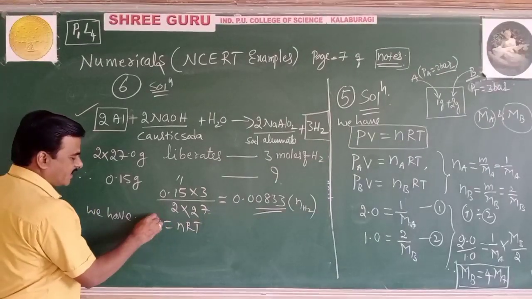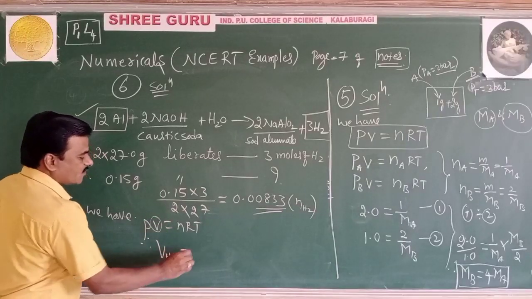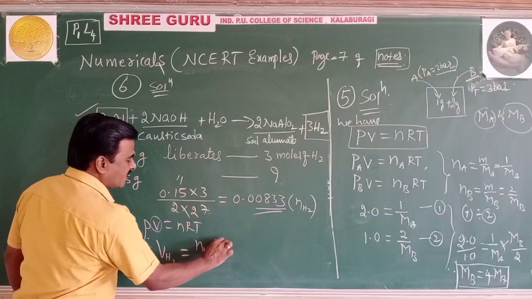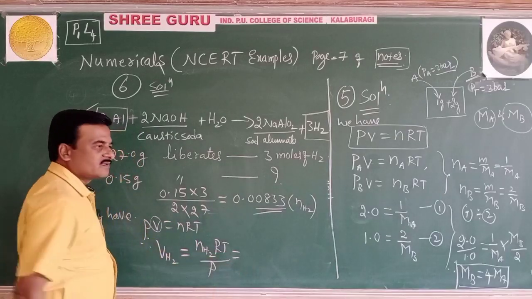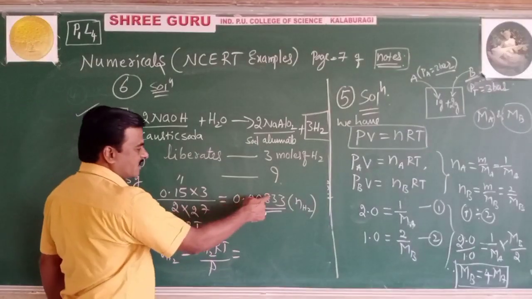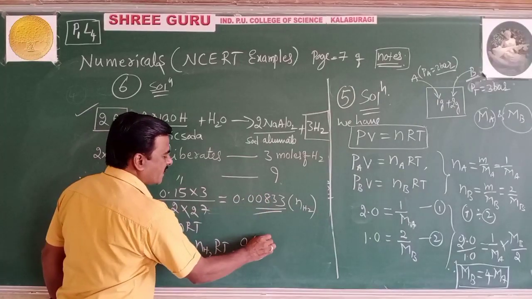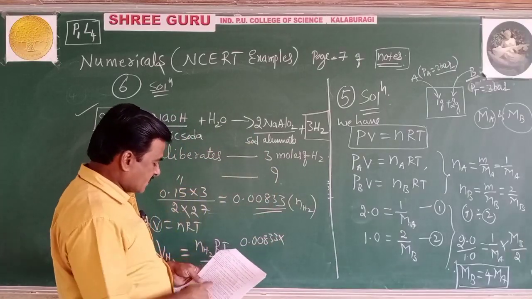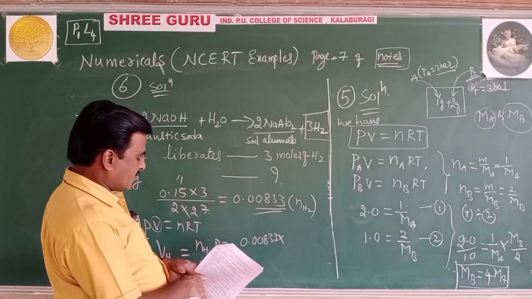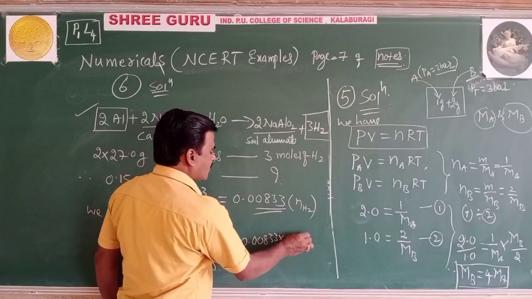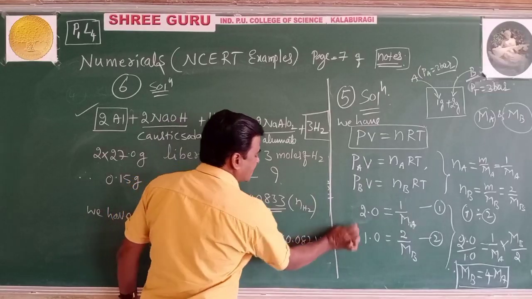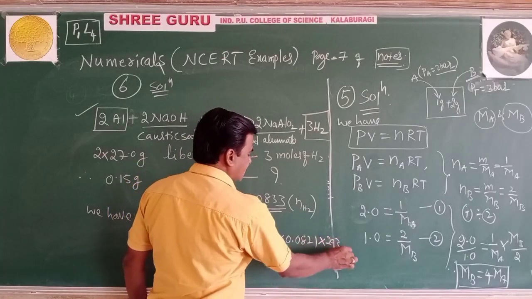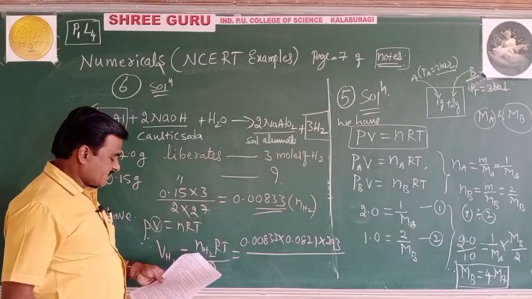You are asked to calculate V. Therefore, volume of hydrogen equals nRT divided by P. Substitute: the number of moles of hydrogen liberated is 0.00833, into R. Since it is given in atm units, you can take 0.0821, into temperature 20 degrees Celsius, that is 273 plus 20, which is 293, divided by pressure. What is the pressure? 1.